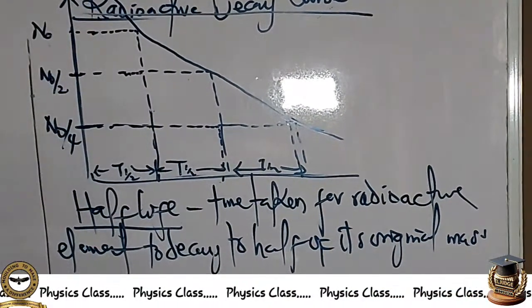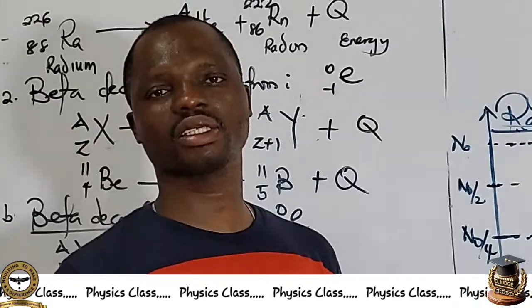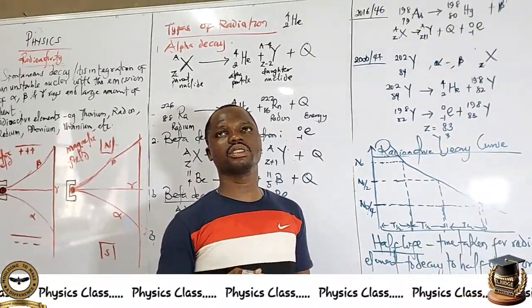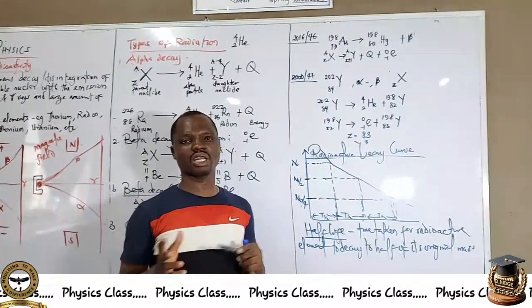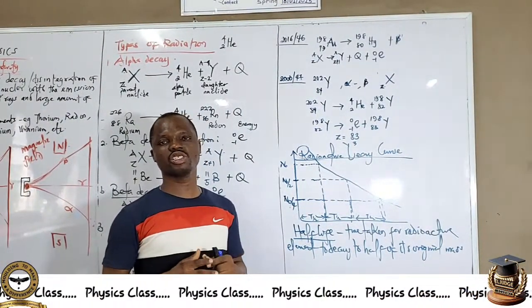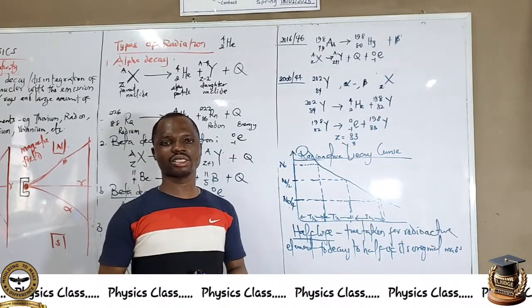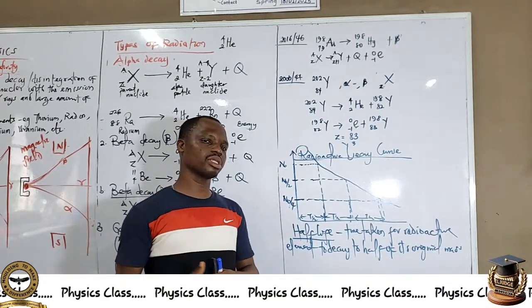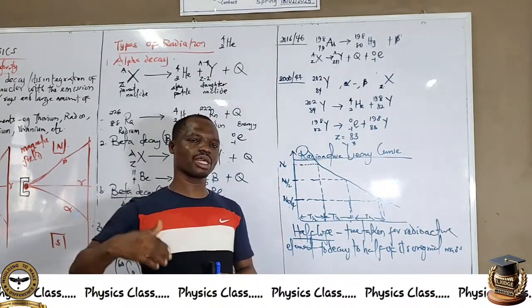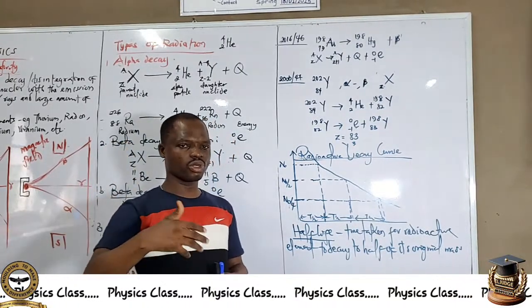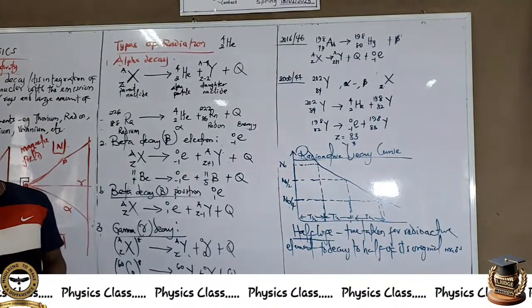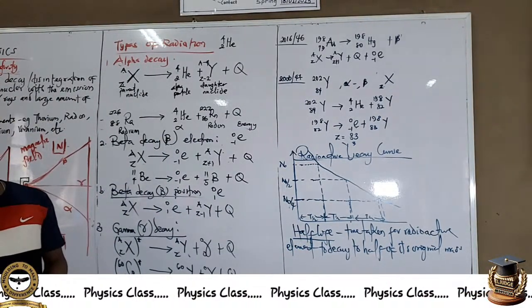So if I have 500 grams and the half-life is 10 days, after 10 days, that 500 gram mass that I had initially would have decreased to 250. And after another 10 days, it would have decreased to 125. And this is what we mean by half-life. So the time it takes for a radioactive element to decay to half of its original value.